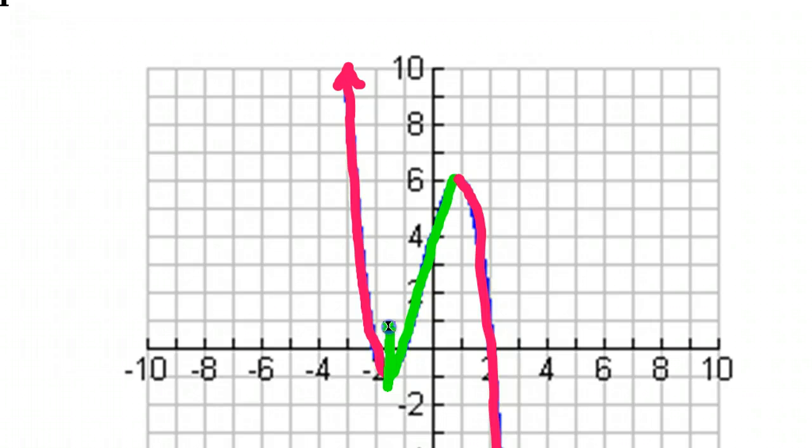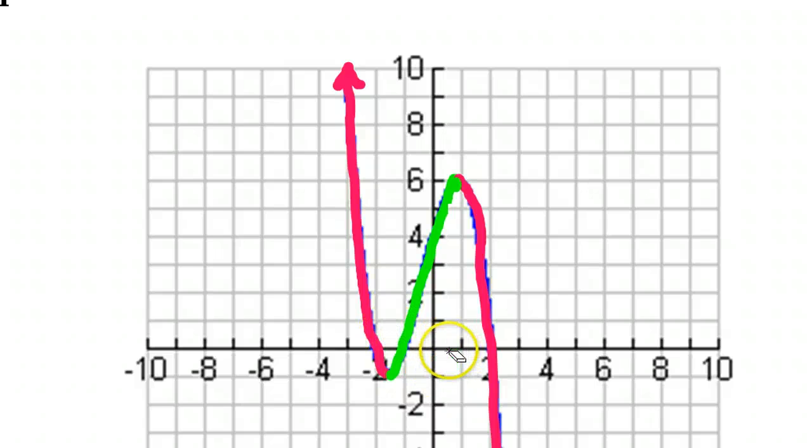This is where the increasing interval starts, and it stops right here, because I'm looking up and seeing where it stops. Just looking at the x values, it goes from here to here.